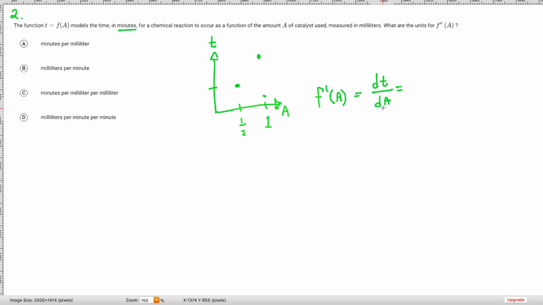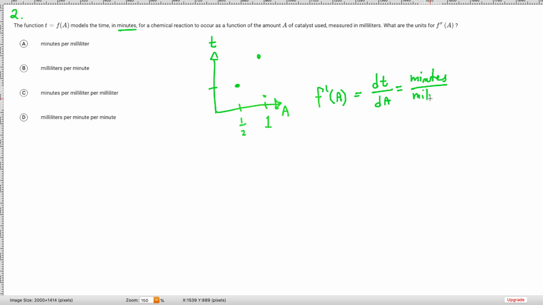So it's the change in y over the change in x. We have the time measured in minutes, so it's minutes over here, and then I have dA, which is measured in milliliters, so I have it over milliliters.